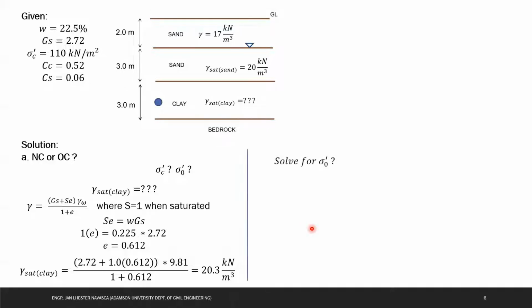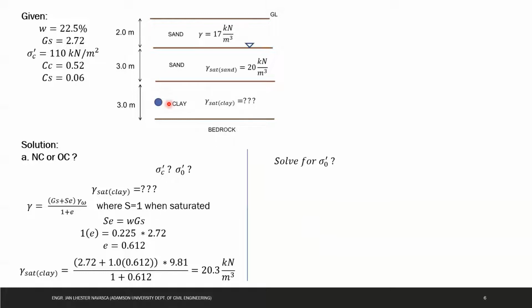Okay. Now, solve for the present overburden pressure, or the effective stress. We are getting the sample at the mid-height of the clay layer, so we are always considering the mid level of the clay, since that is the farthest distance that water will travel.